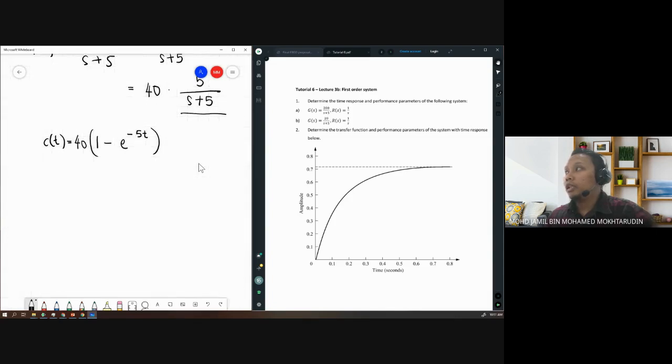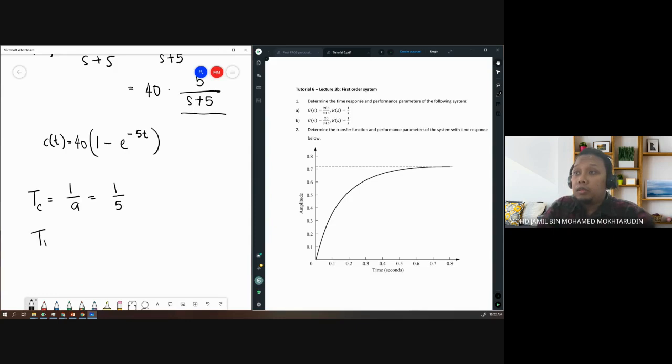And how to find the performance parameters? Tc is 1 over a, so you get 1 over 5. The time constant isn't affected by the 40, because the time constant is only affected by the poles. So you don't need to multiply with 40. It's just dependent on the pole of the first order system.